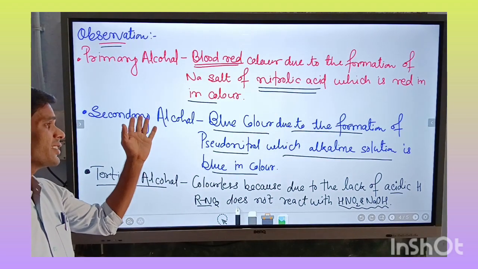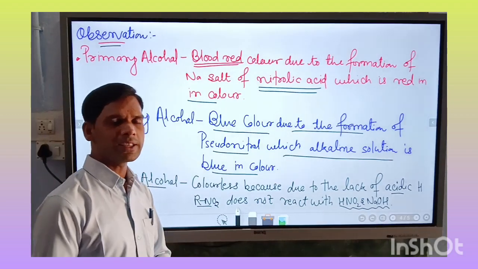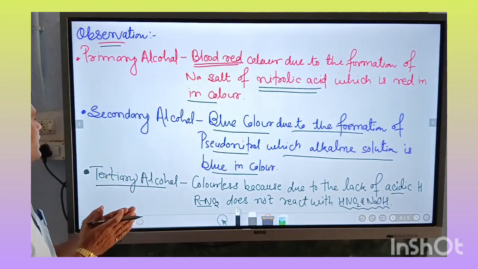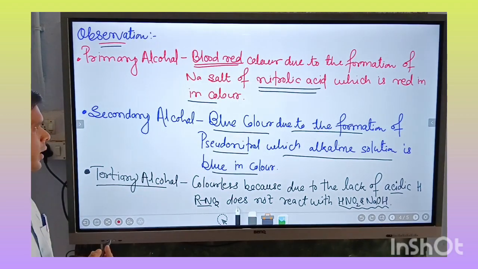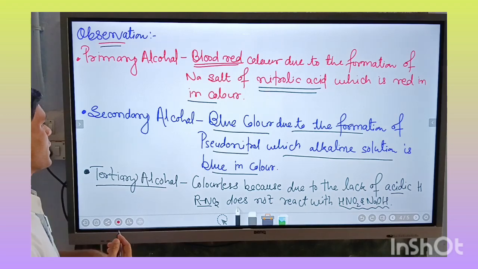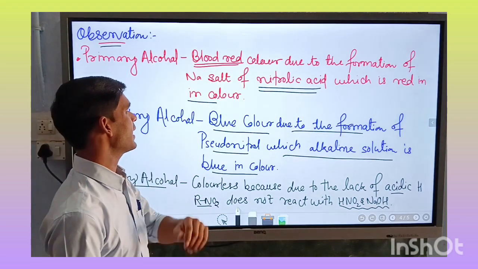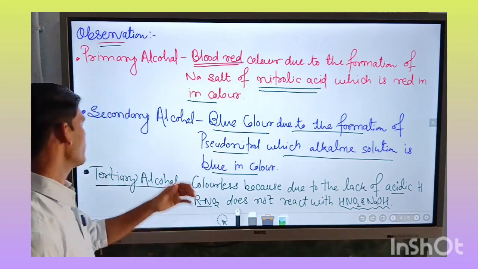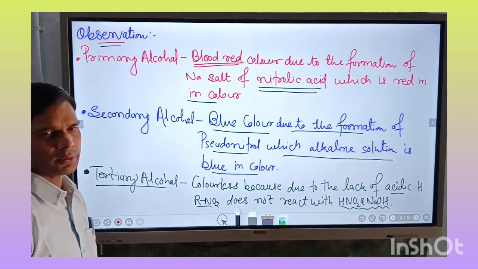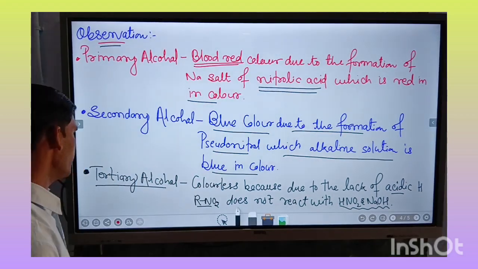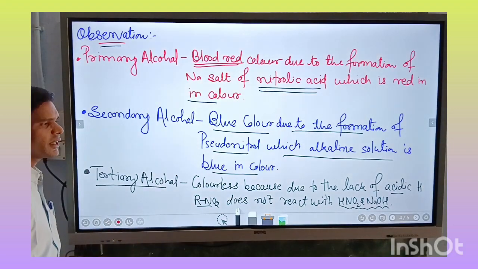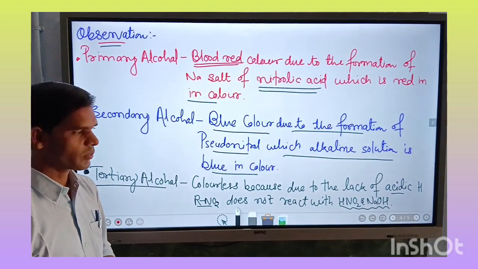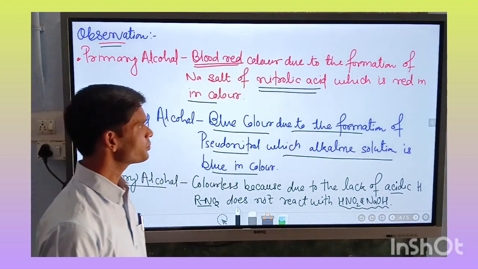So in this way we can differentiate primary, secondary and tertiary alcohol. If the color obtained is red, it will be primary. If the color is blue, it will be secondary. And if no color is obtained, then it will be tertiary alcohol. Clear?